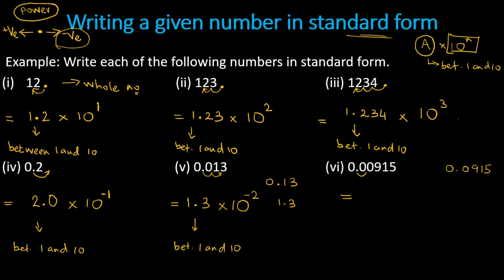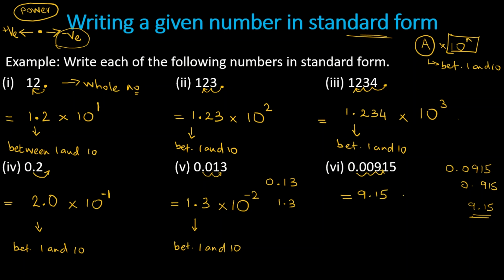No, we continue to move another decimal place. We have reached 0.915. Do we stop? No, still we haven't reached a number between 1 and 10. We move by another decimal place, 9.15. Is it between 1 and 10? Of course, so we stop here.